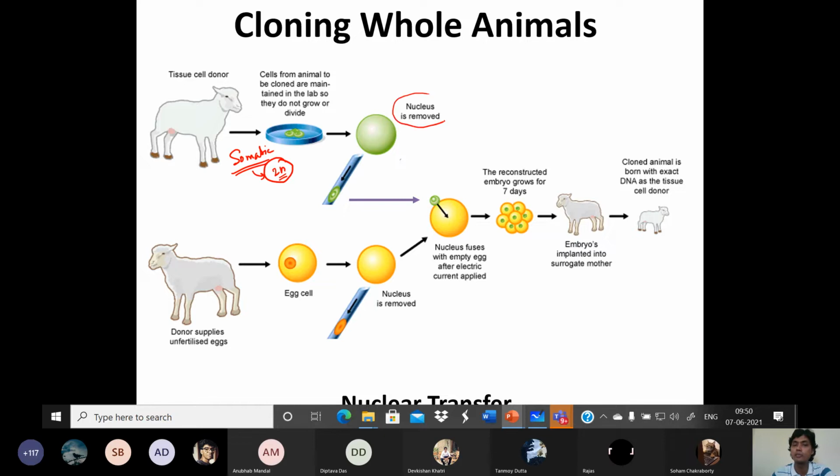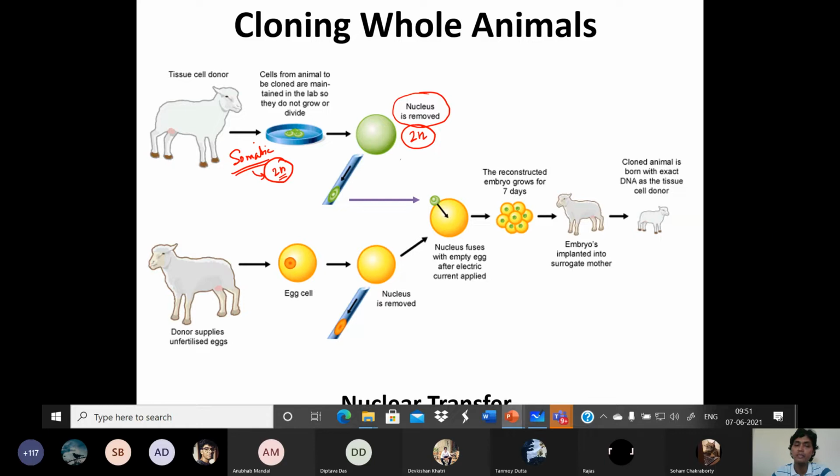The nucleus is removed. Again, this nucleus has diploid information, 2n. I'm not writing 46 chromosomes because this is a sheep and I don't know the chromosome number of a sheep, but it has the full set of genetic information. You have taken the nucleus from some body cell.